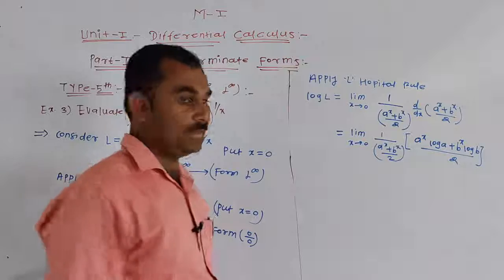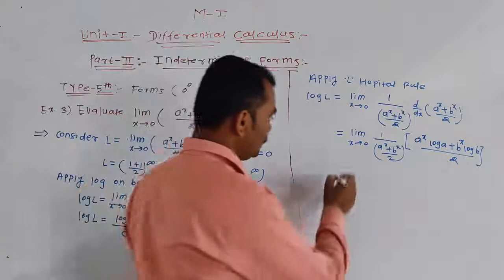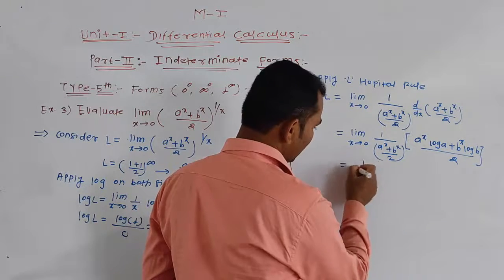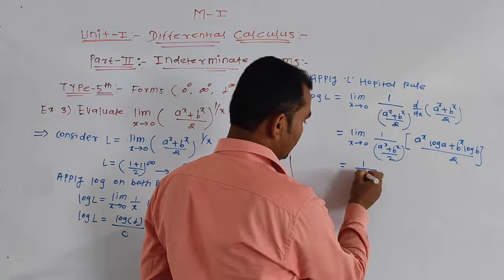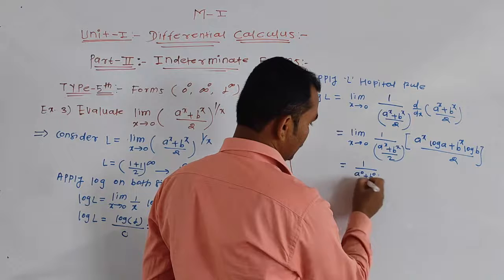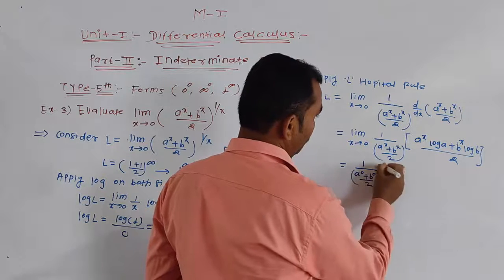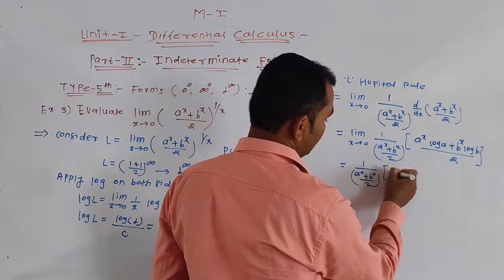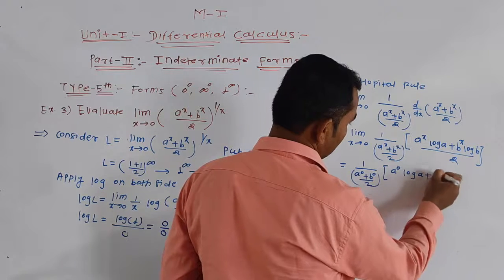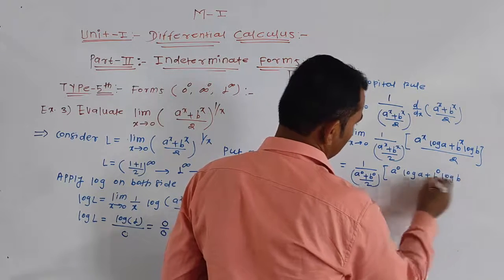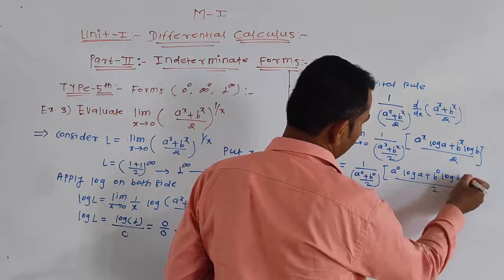Now put limit x tends to 0. We get 1/((a raised to 0 plus b raised to 0) divided by 2) in bracket, into (a raised to 0 log of a plus b raised to 0 log of b), whole divided by 2.